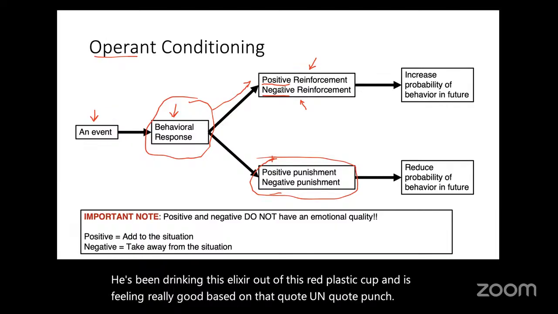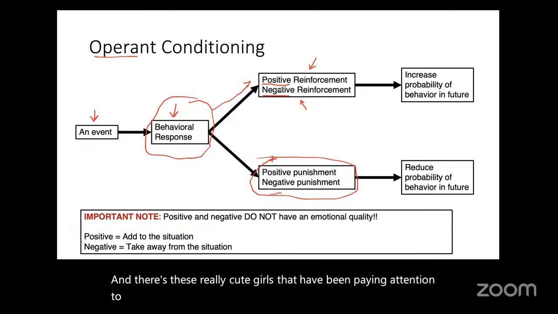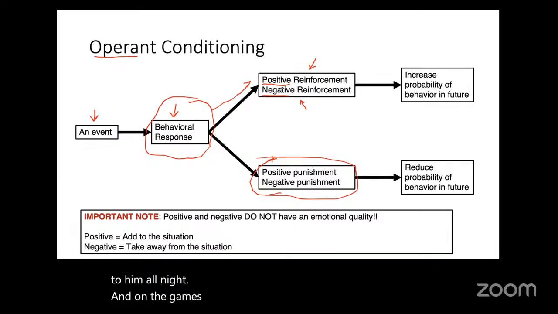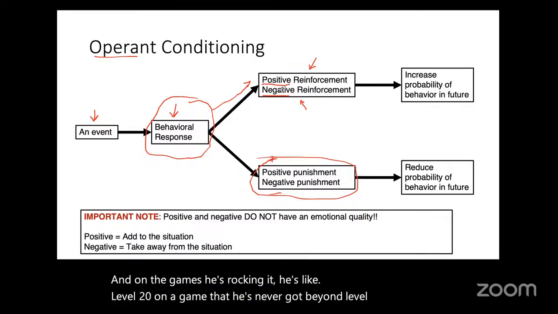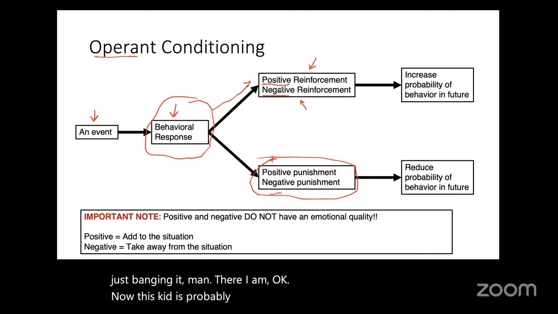And there are these really cute girls that have been paying attention to him all night. And on the games, he's rocking it. He's at level 20 on a game that he's never gotten beyond level 10. And he's just banging it, man. Okay. Now, this kid is probably thinking, I'm supposed to be home at 11.